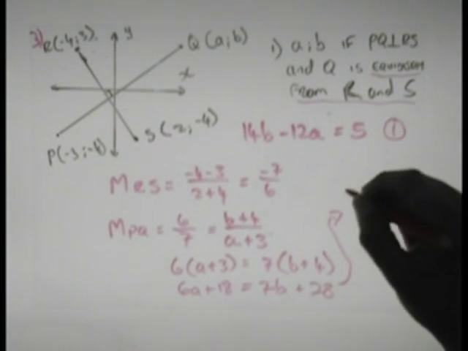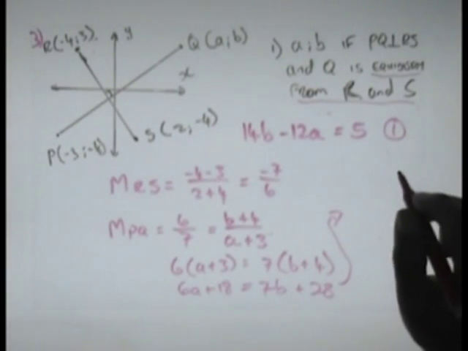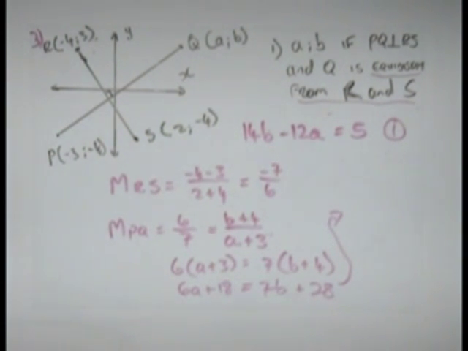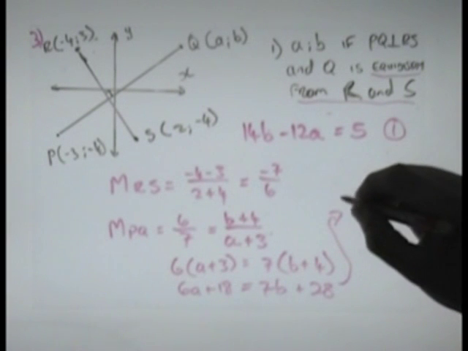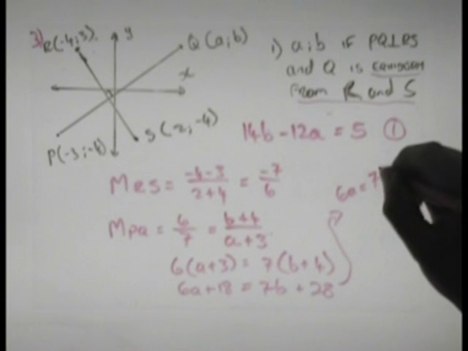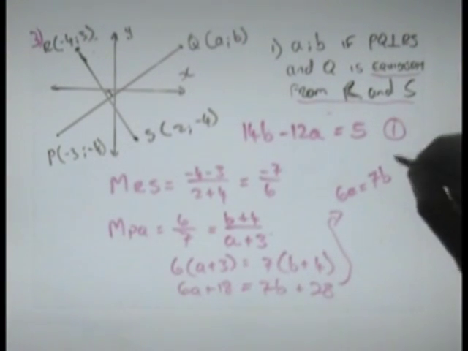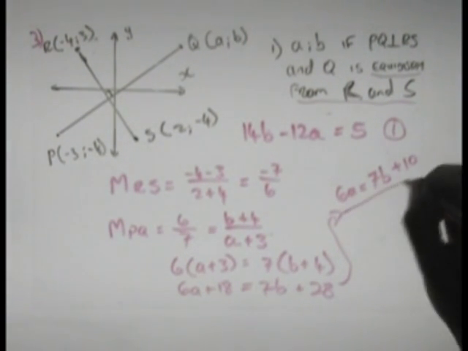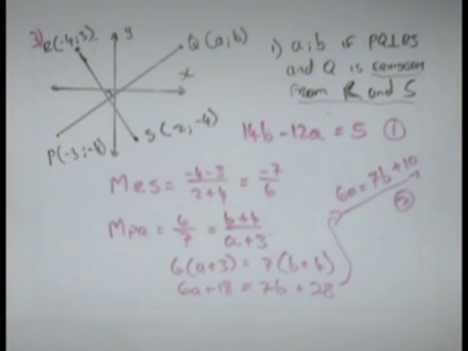What I'm going to do here is get it in terms of 6a. That means that 6a is equal to 7b plus 28 minus 18, which is plus 10. And that's my second equation. 6a is equal to 7b plus 10.